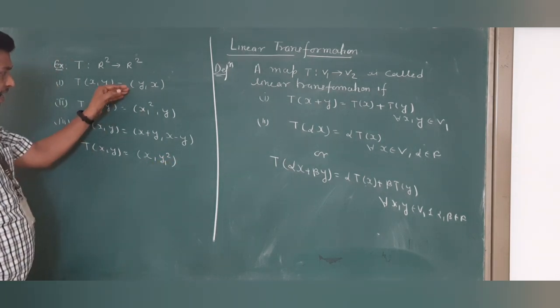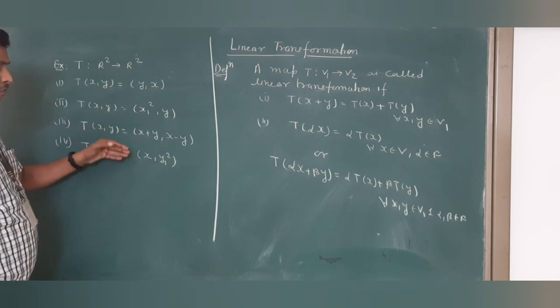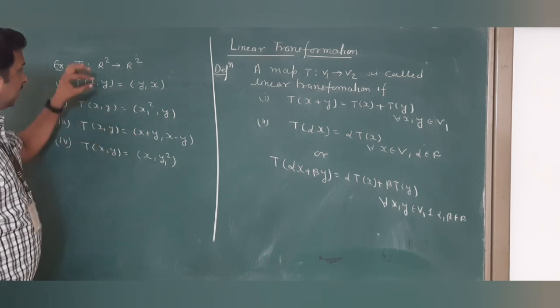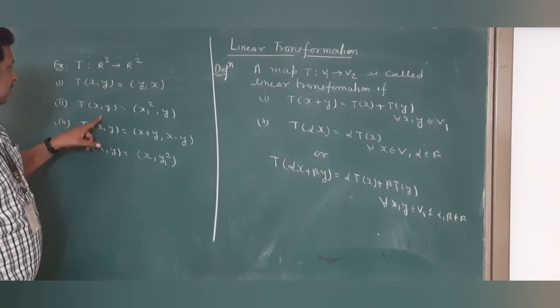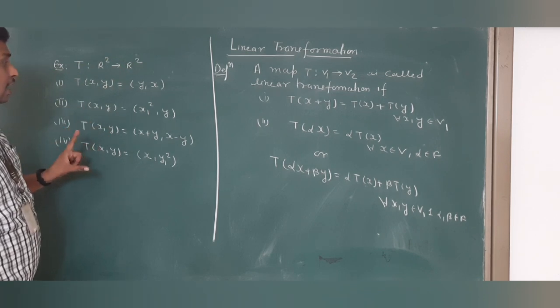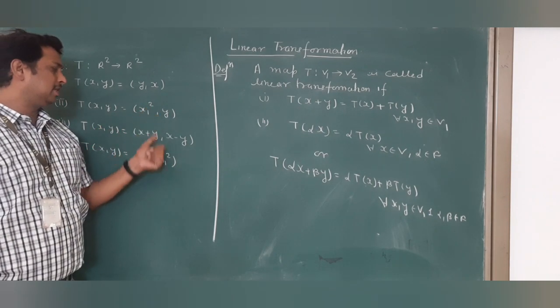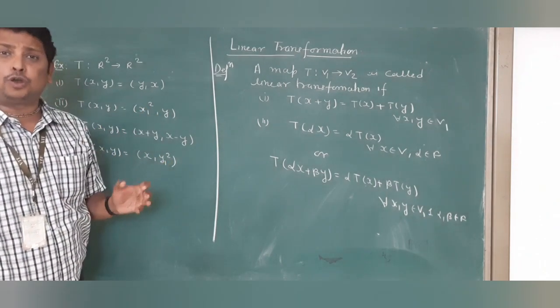So, after seeing these four examples, we can say easily first and third are linear maps, but second and fourth are not, because here a square term is there. So definitely it will not be.